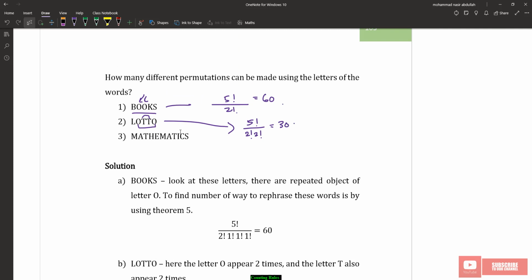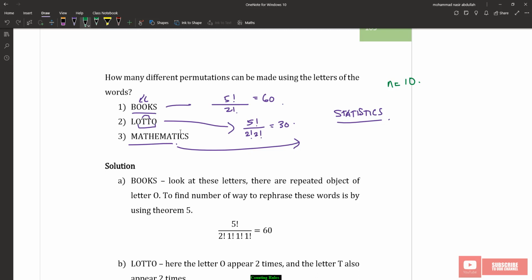Instead of doing mathematics, let's change a bit to statistics. The total n is how much? 1, 2, 3, 4, 5, 6, 7, 8, 9, 10. So we have 10 letters.